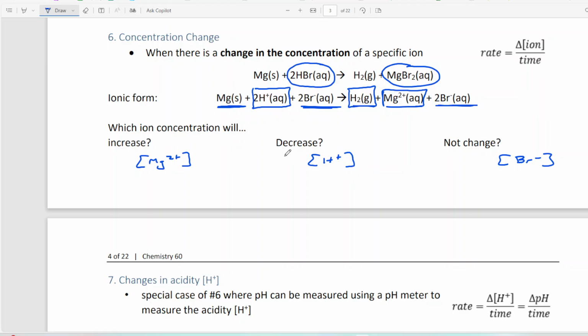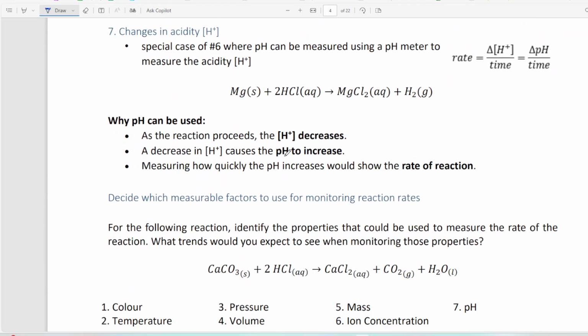Okay, last thing here is changes in acidity. Changes in acidity is really just the same as number 6, but we're talking specifically about your hydrogen ion. So if you had a reaction like magnesium solid plus hydrochloric acid goes to magnesium chloride and hydrogen gas, if you look at this, the aqueous solution contains hydrogen ions, whereas in your product side, it's tied up as hydrogen gas. So what's going to happen?